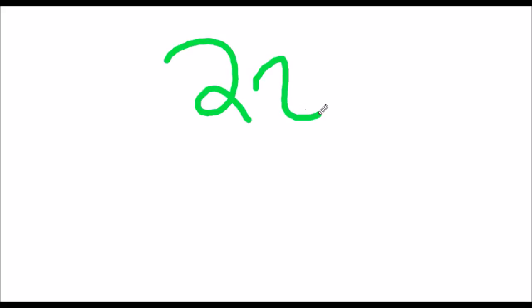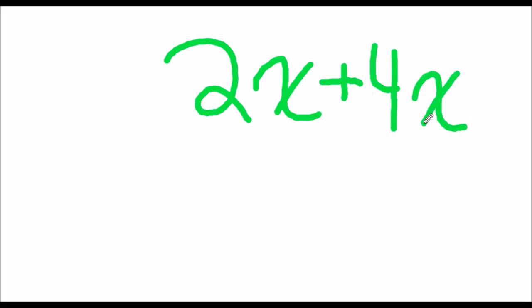So, last thing we're going to talk about in this quick video is what is simplifying an expression. Let's say you have this expression, 2x plus 4x. Simplifying it means basically just make it smaller, make it easier to do.